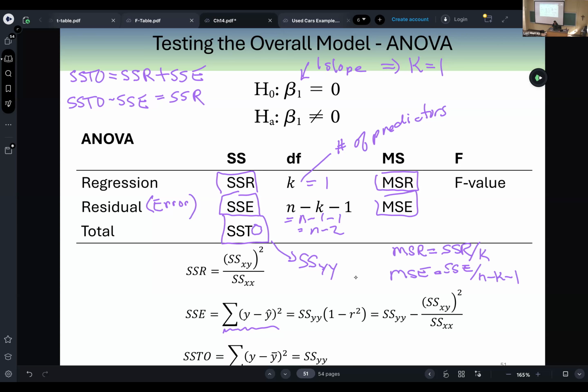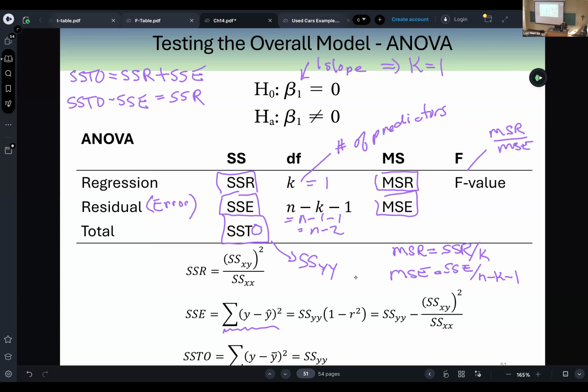And then that brings us to the F value. The F value is the MSR divided by the MSE. And then you get that F value, the F statistic, call it the test statistic. It's the main value, the goal that we're getting. And we compare it to the F critical value from the table.